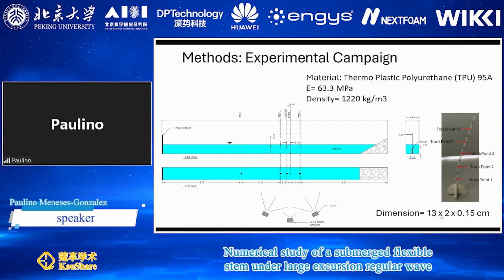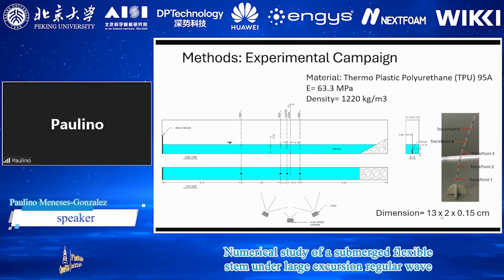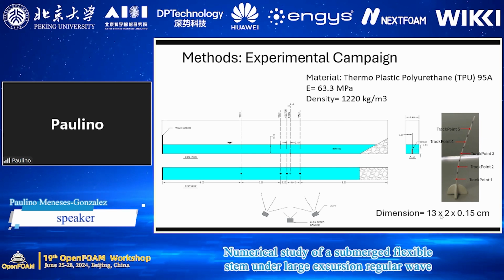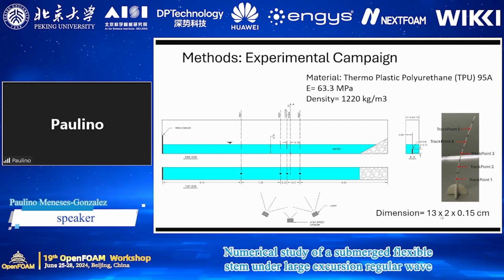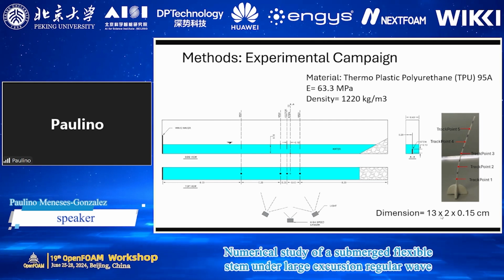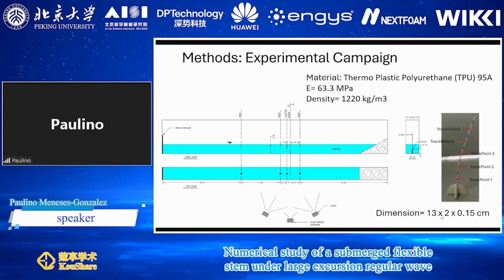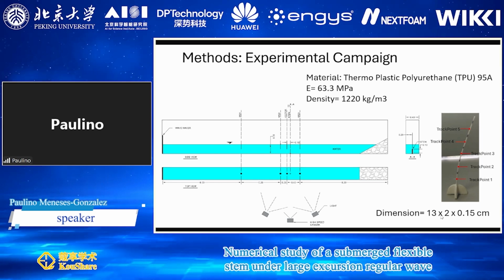The Young's modulus was 63.3 megapascals, and the wave flume is 22 meters long with an active wave absorption wave maker, and on the other side a dissipation beach, where the porosity is around 30%, I think.